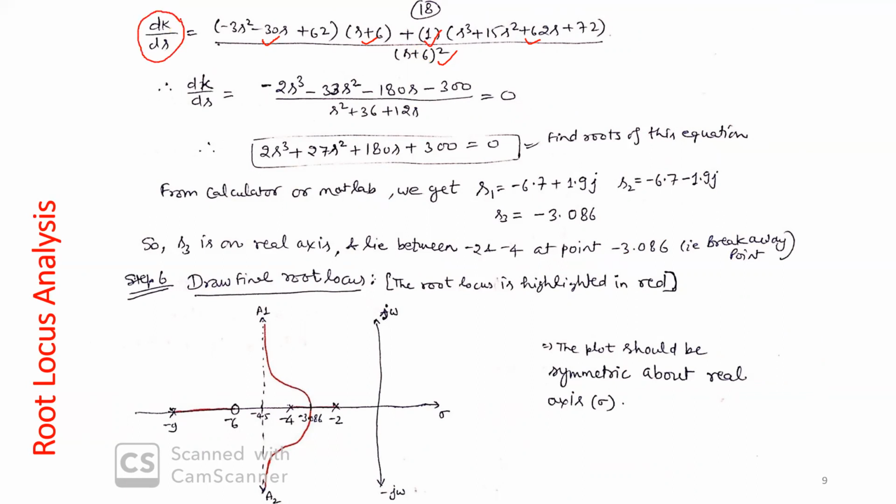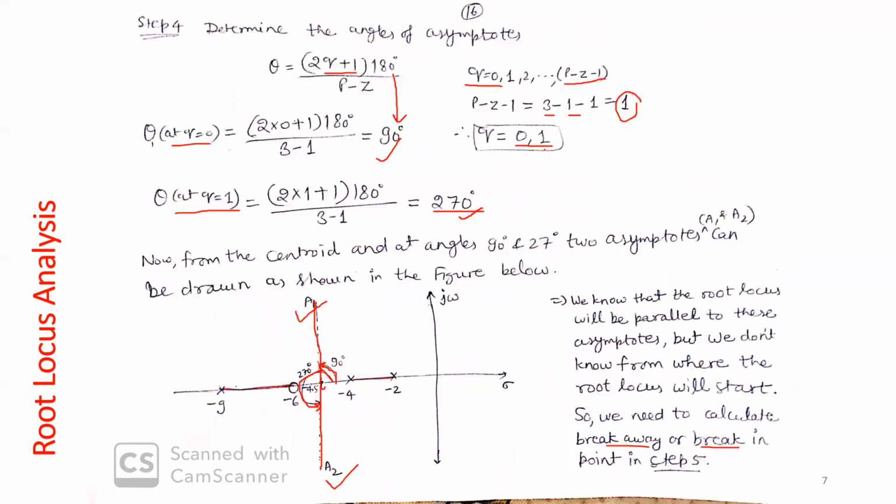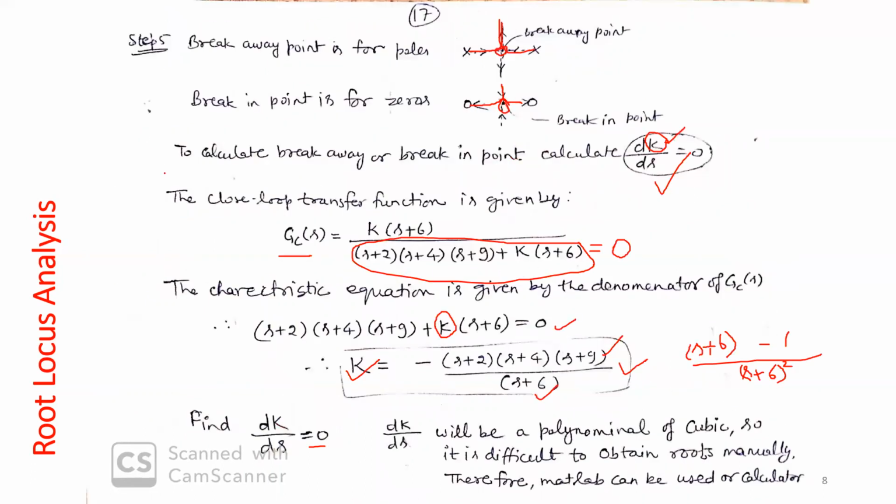So this dk over ds you put equals to 0, you get this cubic equation, and you need to find the roots of this equation. So it is a little bit difficult task to obtain this breakaway point. Until step 4 it was very easy, but step 5 is a little bit difficult, because you have to deal with this closed loop transfer function.